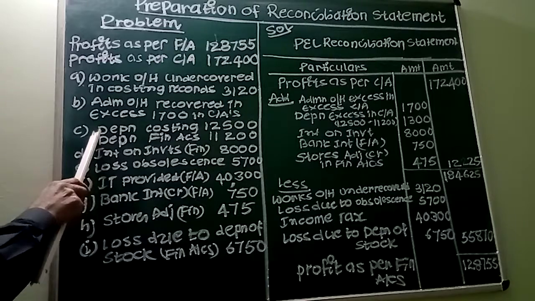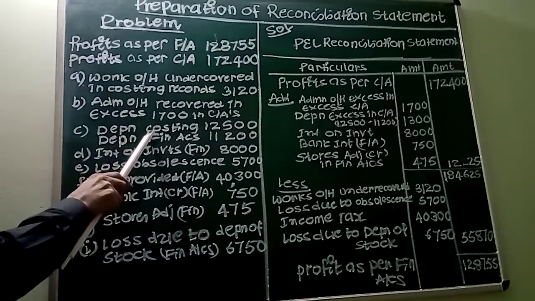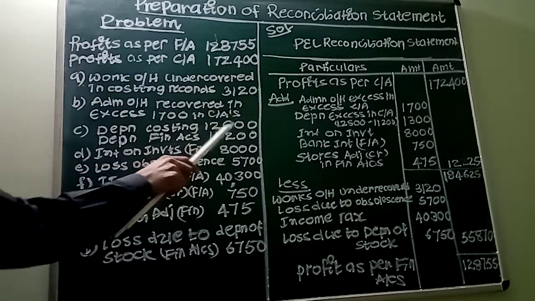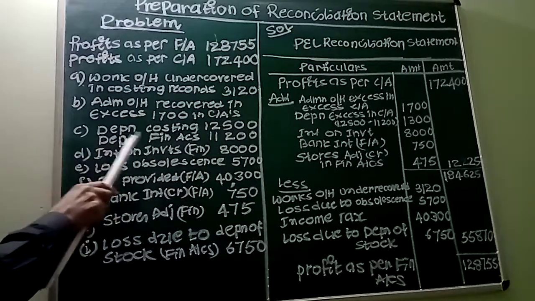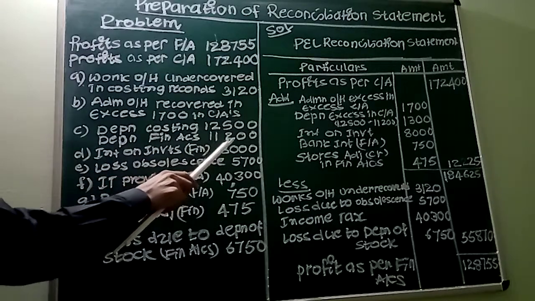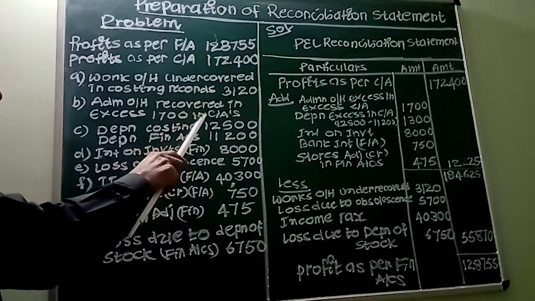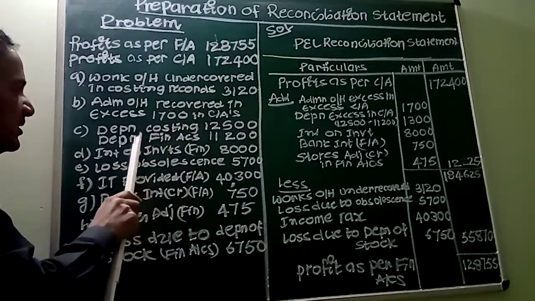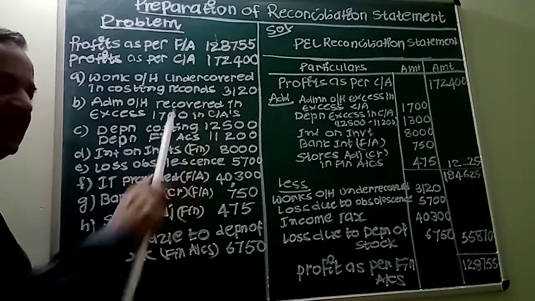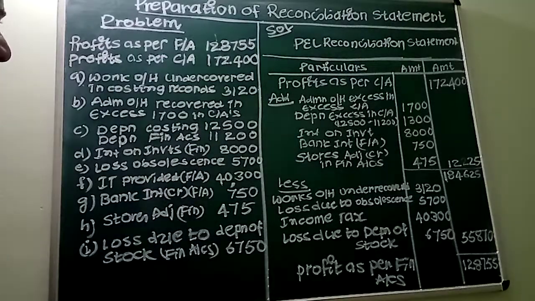Coming to the next one, depreciation as per costing records is 12,500 and depreciation as per financial accounts is 11,200. We can easily make out the depreciation is more in cost records, or the depreciation is less in financial accounts. How much is less in financial accounts?